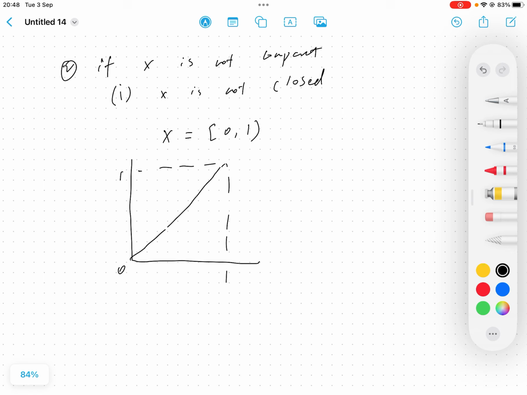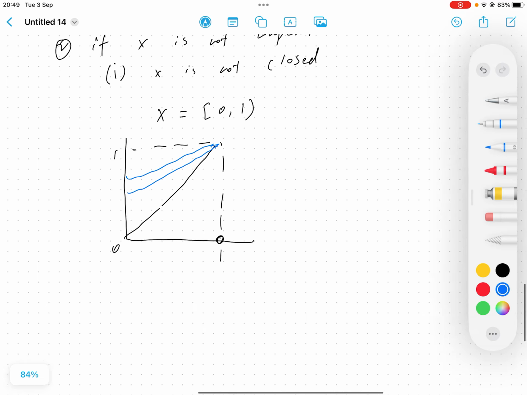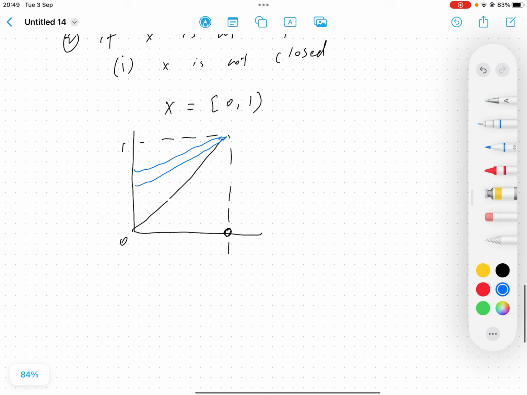We have an empty circle here, so it's not defined here. X doesn't include this one at 1. So this blue line, or this f, could just not intersect with the 45-degree line, so there could be no fixed point, using the same example. That's the first case.